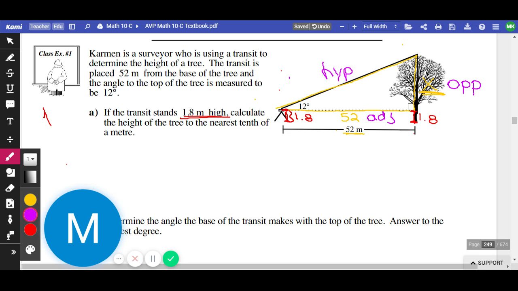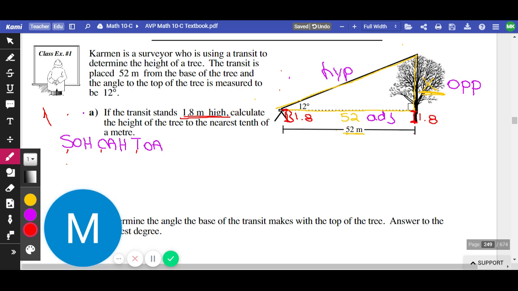We then write out SOHCAHTOA, and we put a little check mark underneath each letter. We put a check mark under the S, the C, the T for free. Free spaces. Then we put a check mark under the side we know and the side we want to know.